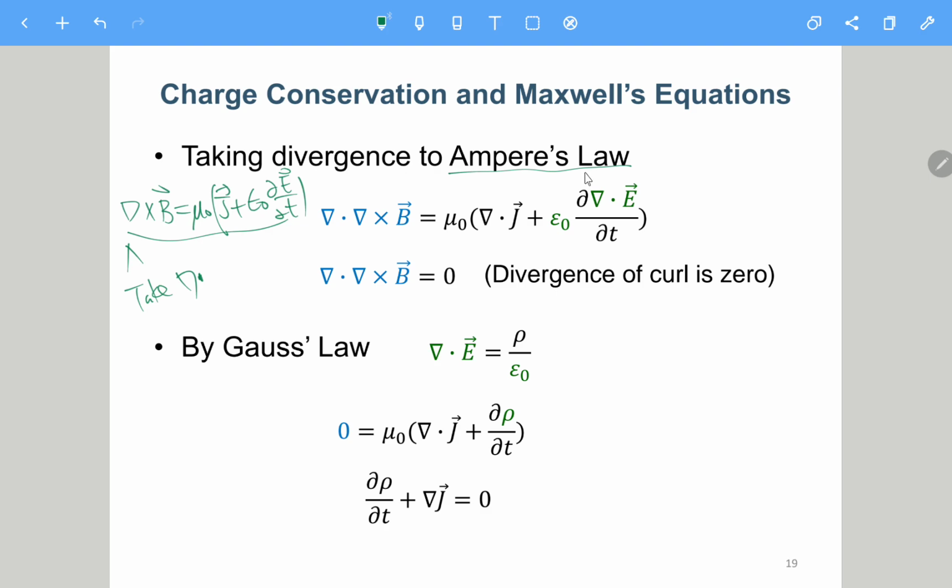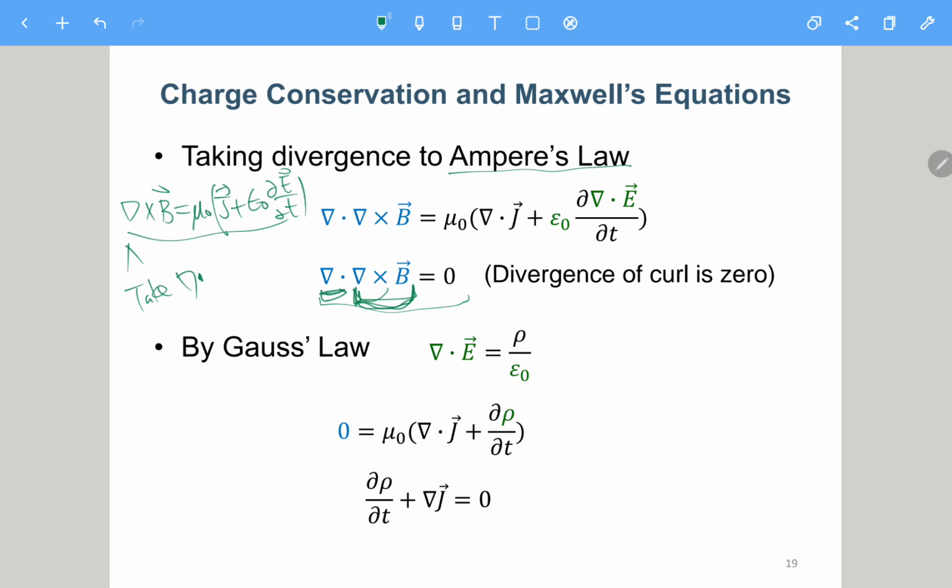It turns out to be like this. And actually we have the so-called identity that the divergence of curl is 0. You can check it on Wikipedia, or if you don't believe it, you can verify it yourself. You can use the definition of the curl, take the expression of the curl, and then take the divergence.